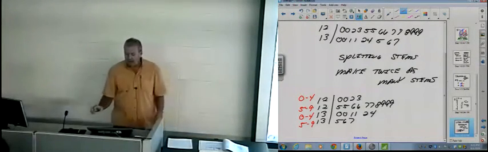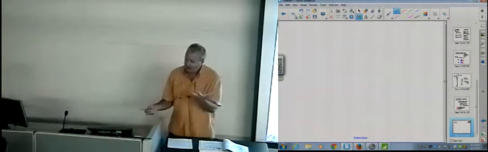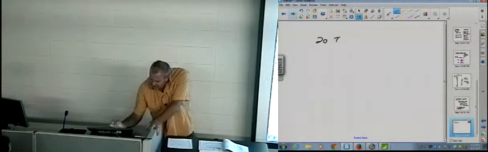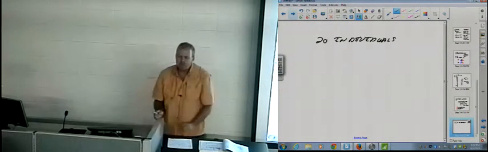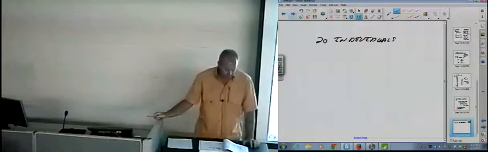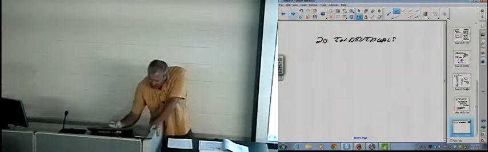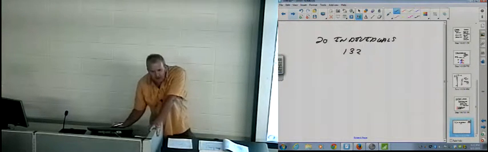Okay? Now, what about if I've got data? Let's say I got 20 individuals. And I'm going to give you the largest and the smallest. The smallest value is 132.